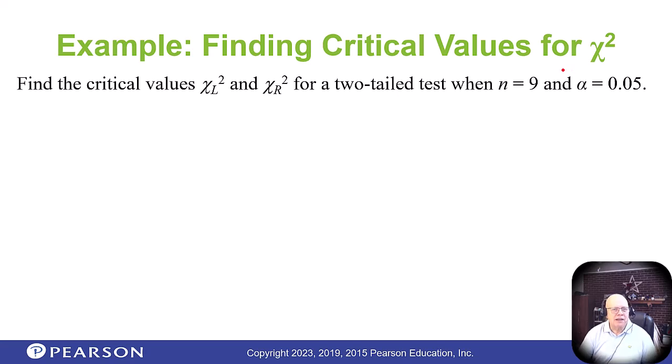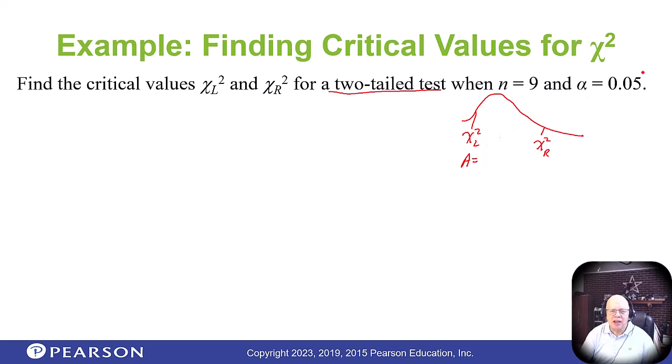All right, now we've got a two-tailed test, so we're going to have to do it both ways. We're going to start with a picture. We've got an area out here, so here's our chi-squared on the right. You'll have your chi-squared on the left. Remember, if you're using the table, this one will need an area.